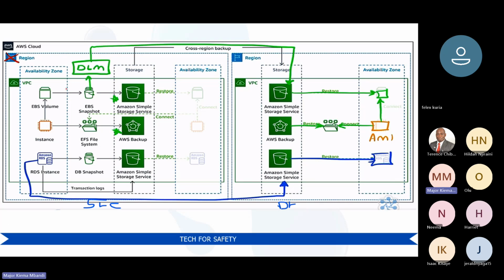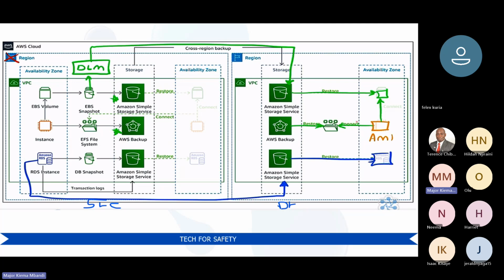And if there is a failure here, you can make use of the restore feature, because it's backup and restore. You back up in terms of snapshots, and then you can restore. So the AMI, the EBS, is restored to an Amazon RDS and also the EC2 instance. Remember, it's a two-tier application.